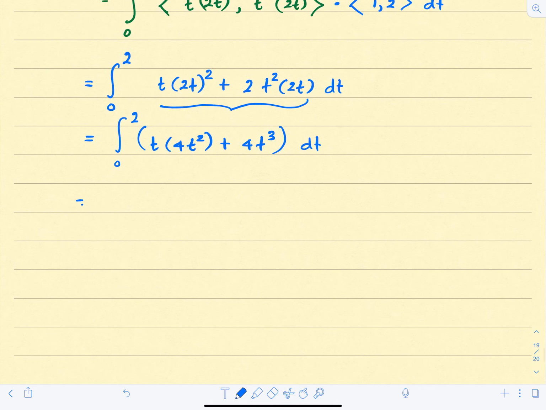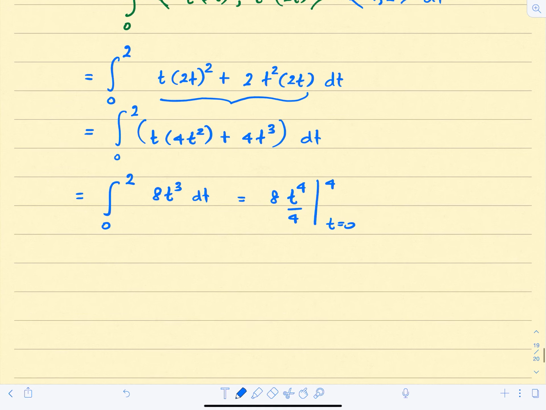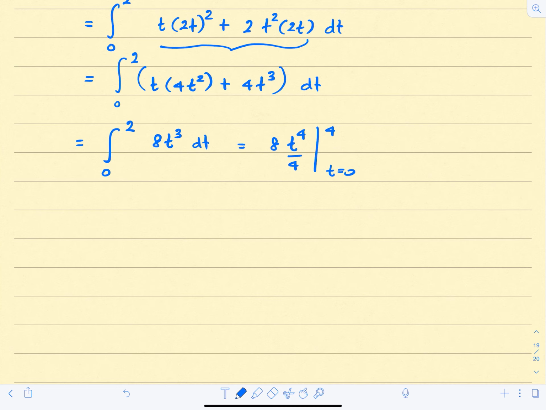So basically your integrand can be simplified to 8t cubed dt. If you integrate this, you will get 8 times t to the power 4 over 4, with lower limit 0 and upper limit 2.